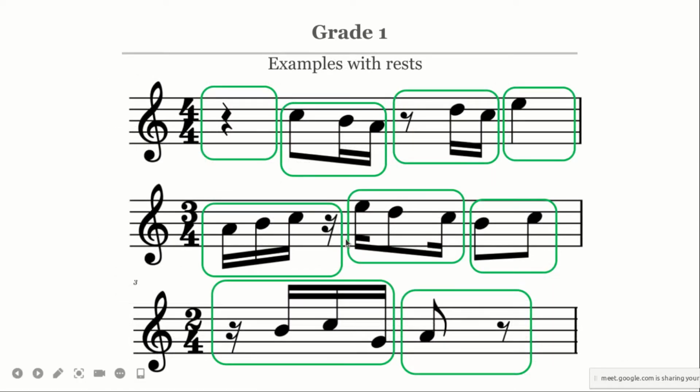So look at how grouping happens with rests. In the first example, we have 4-4, and we have a crochet rest, which is 1 beat because a crochet is a beat. And then the second beat is a cueva and 2 semi-cuevas.